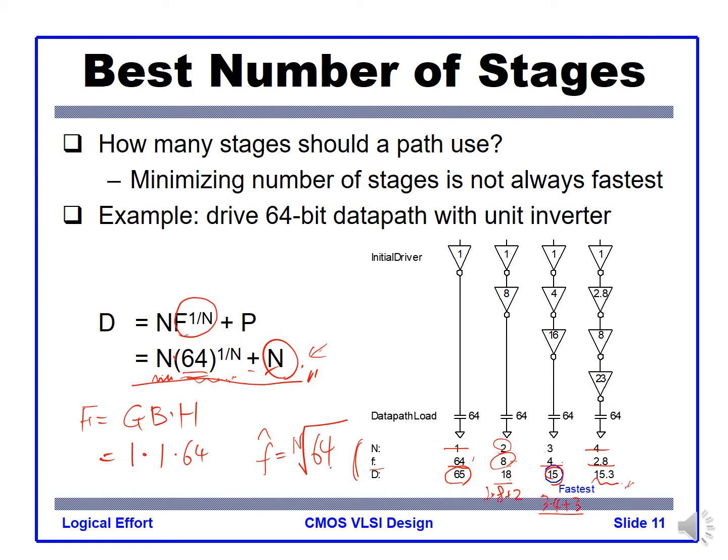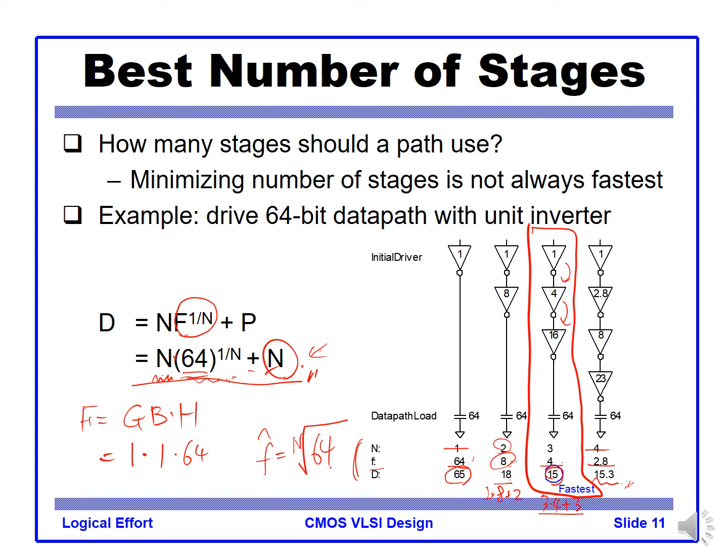Comparing those 4 cases, the third one would be the best case. This is the fastest, right? So a fan out of 4 gives us the fastest delay in this example.